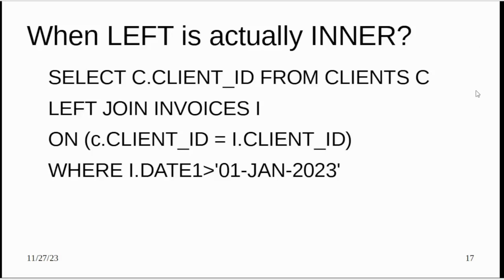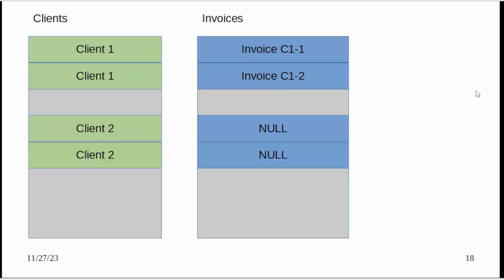Since this is a left join, we will have as a result data like client and invoice. And for clients which do not have any invoice yet, we will receive null, because this is how the left outer join works. However, in this query, we also have a condition for the date.